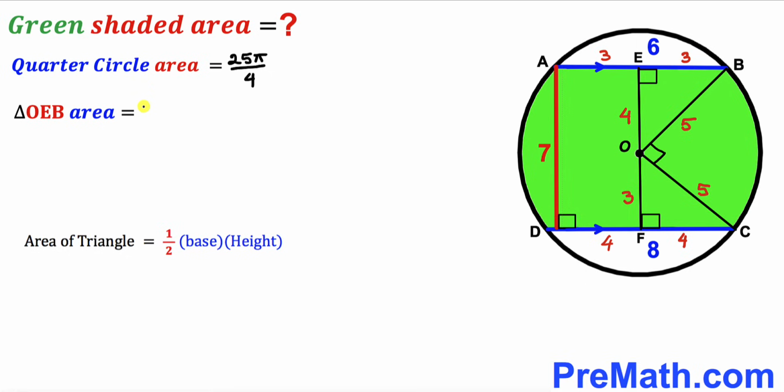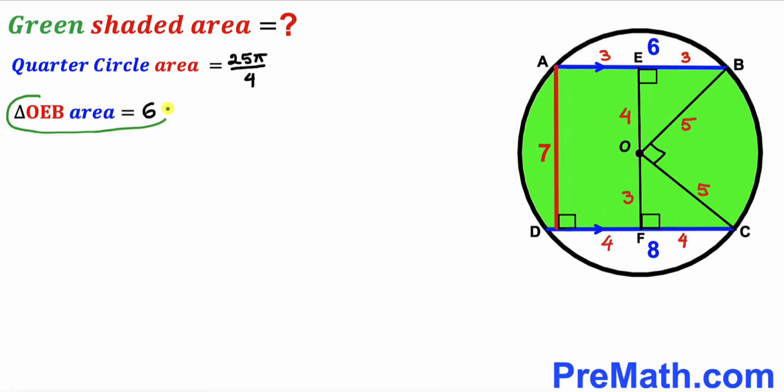So we can find the area of this triangle OEB as 1 divided by 2 times 3 times 4. If we simplify, that is going to give us 6. Thus the area of this triangle OEB turns out to be 6. So the area of this other triangle OFC is going to be 6 as well, since both of these triangles are congruent.